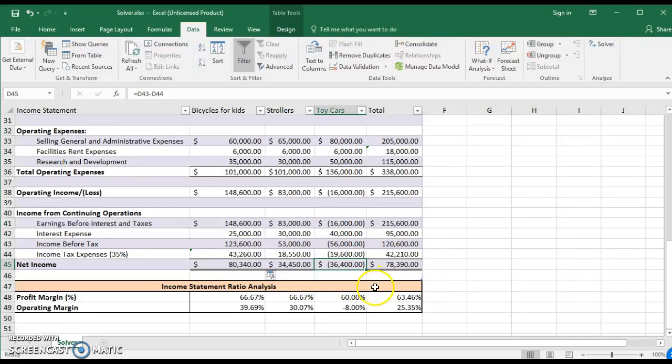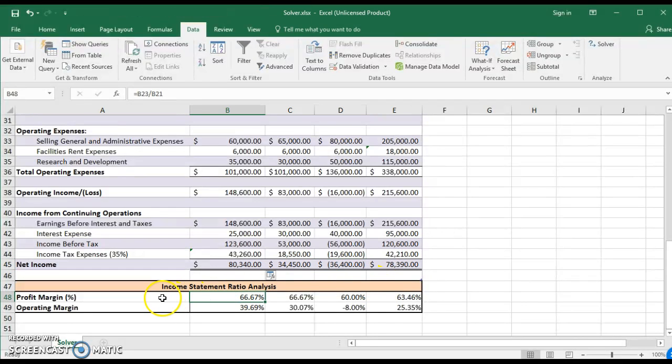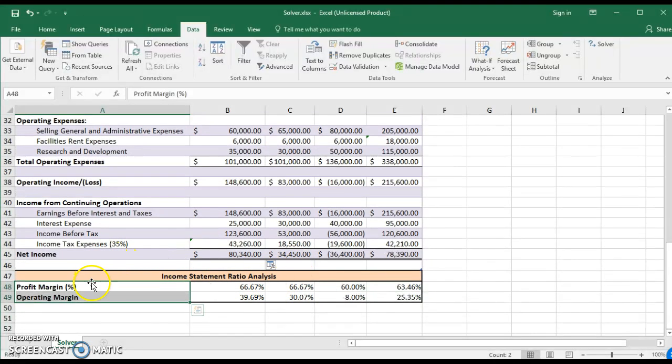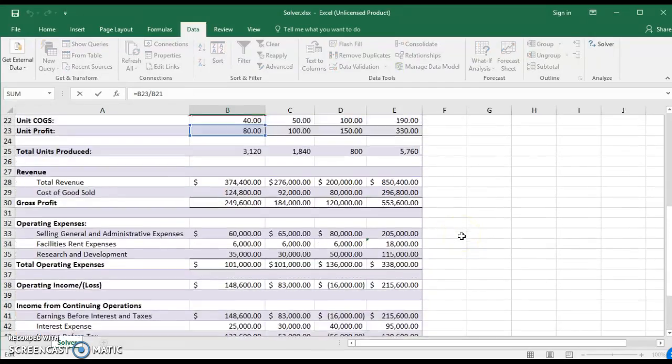And ratios, the bottom here shows 2 ratios that could help us analyze the financial statements. And these 2 ratios are profit margin and operating margin. Profit margin is calculated as total profit over total revenue.